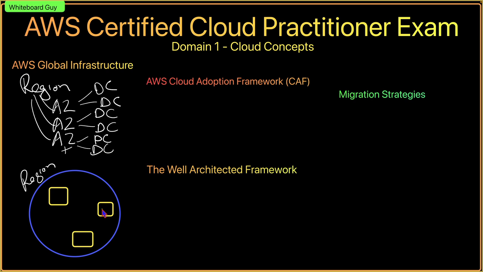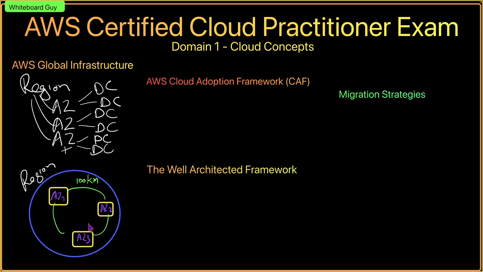Between them, you'll find that there is that distance of 100 kilometers maximum. And the reason for that is they want to be sure that the services you run in these regions are very low latency. Let's mark them out: AZ1, availability zone 2, and availability zone 3.